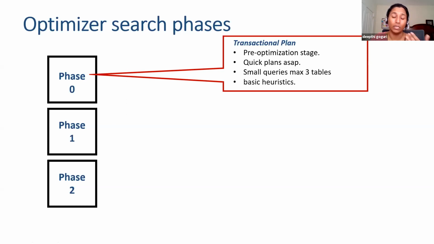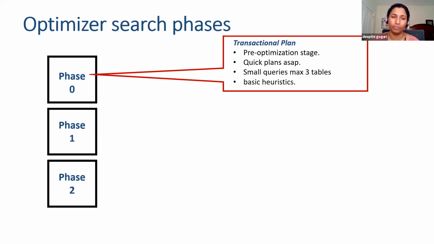So that means the trivial plans are generated here, and these execution plans are created as quickly as possible, for queries with a maximum of 3 tables in them. To generate these execution plans, only very basic heuristics are needed, like table definition and query definition.